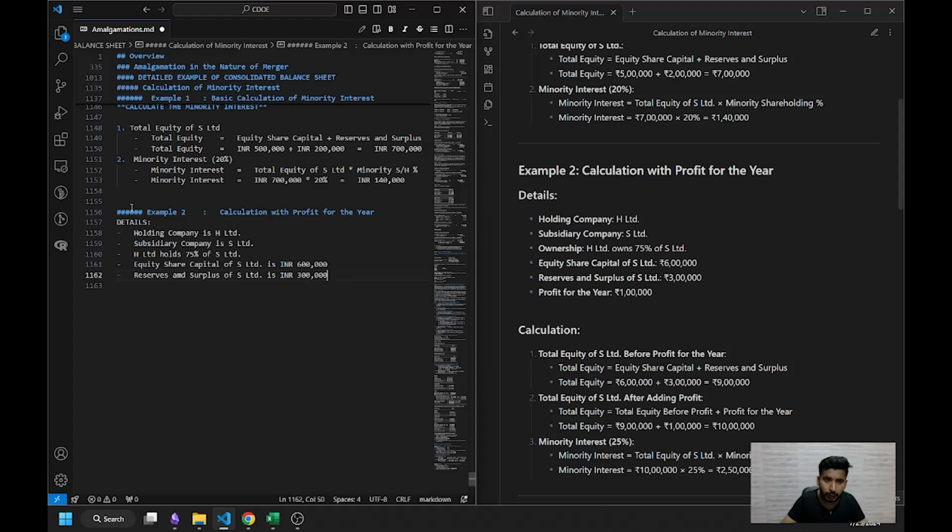Now, the profit for the year is rupees 1 lakh. We need to calculate minority interest.